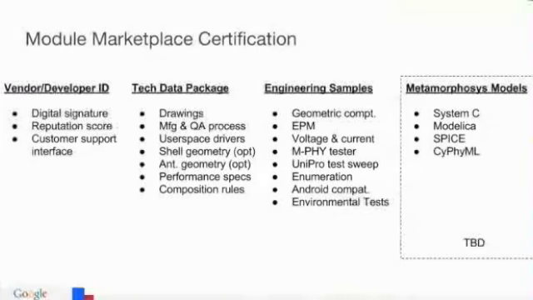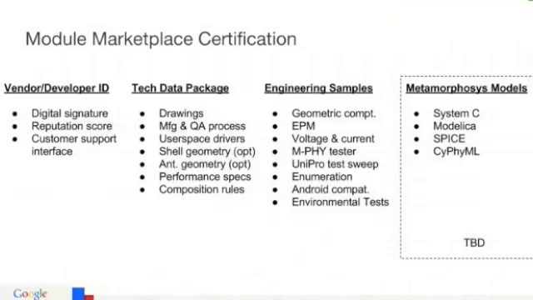You'll need a digital signature to verify that you are who you are. You'll have a reputation score on the marketplace, which is informed by consumers. You'll have some sort of customer support back-end interface so that consumers can know who to call when they have a problem with your module.